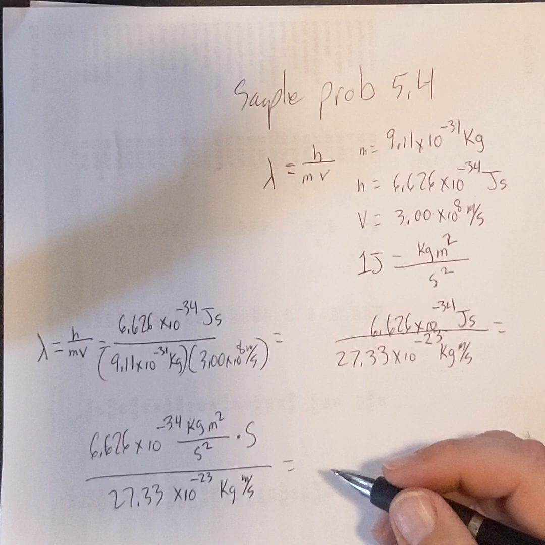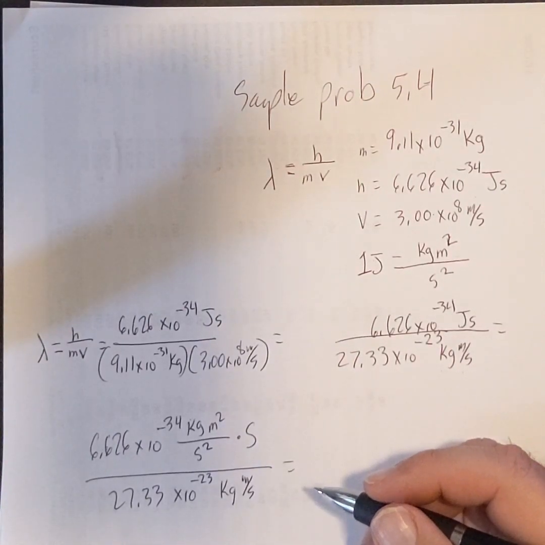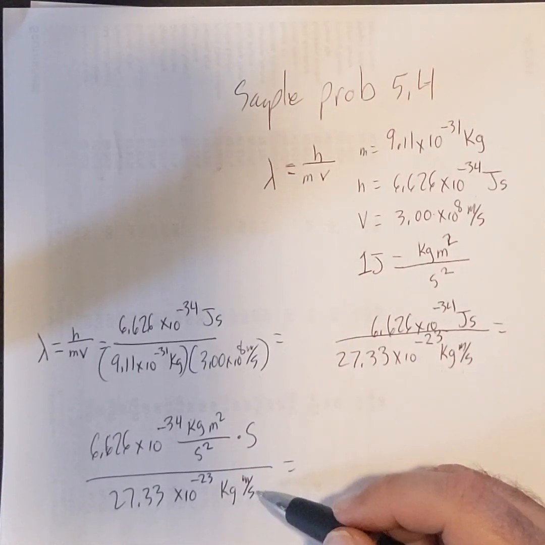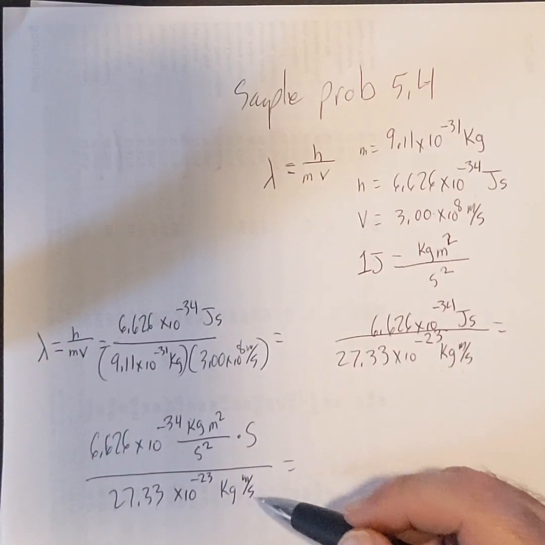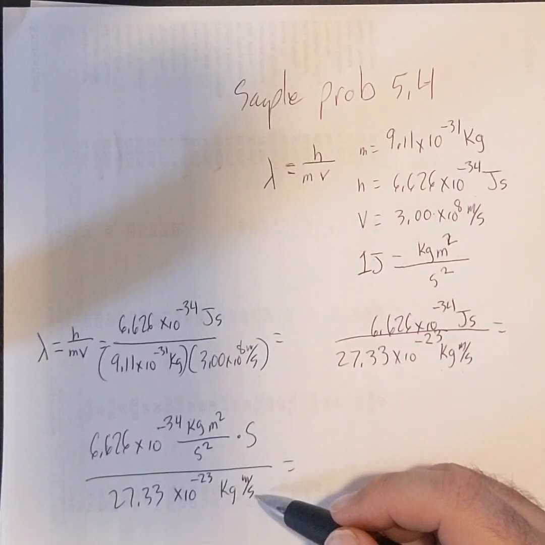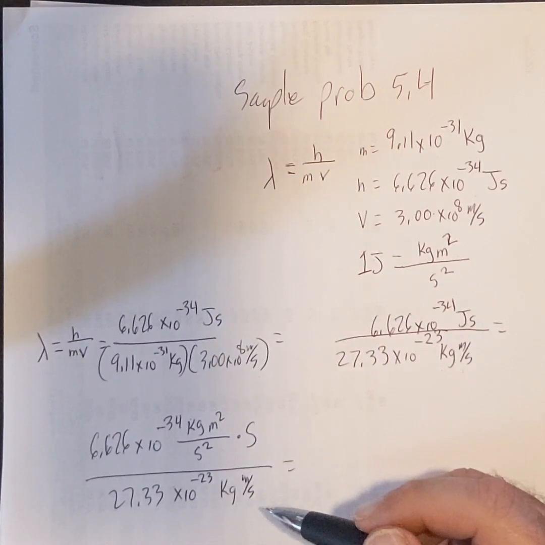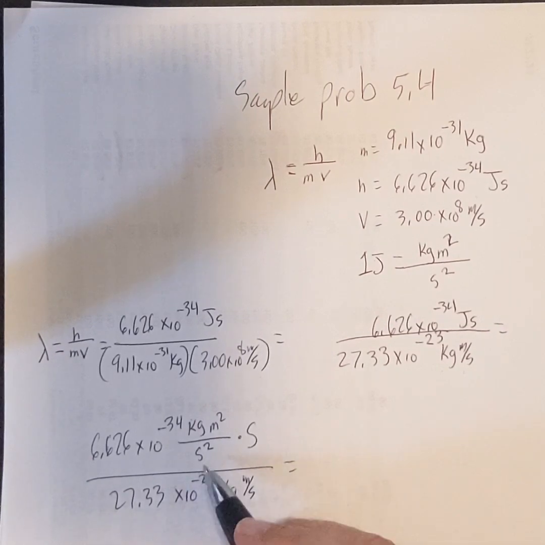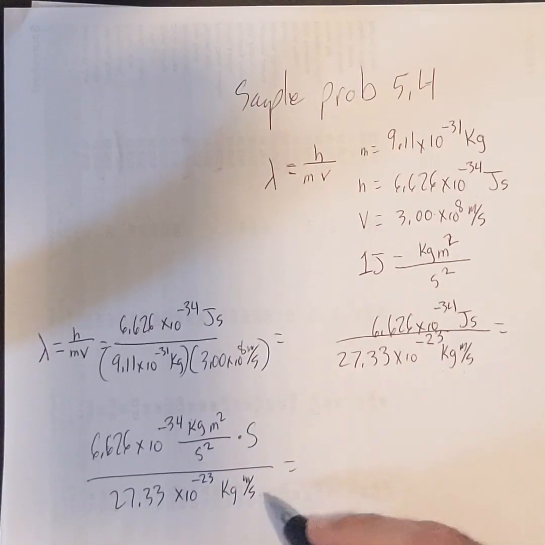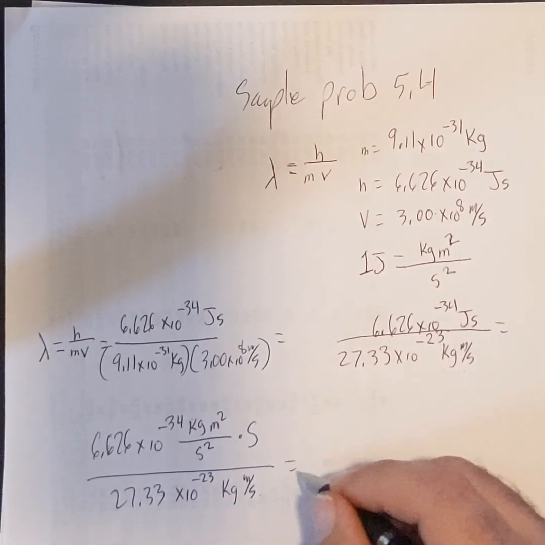Okay, now remember that when you divide by a fraction, you flip and multiply by the reciprocal. So what's going to happen here is these seconds would just be down here.